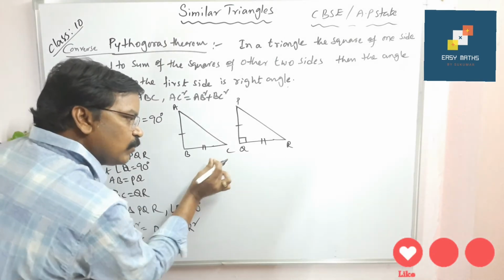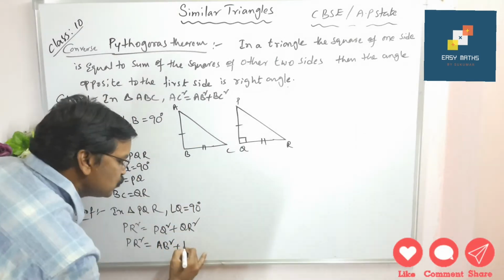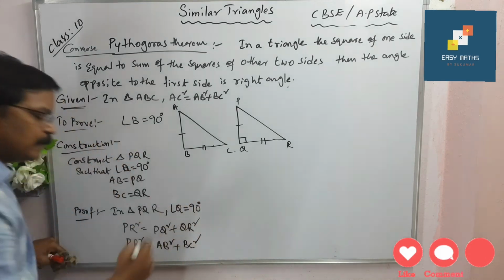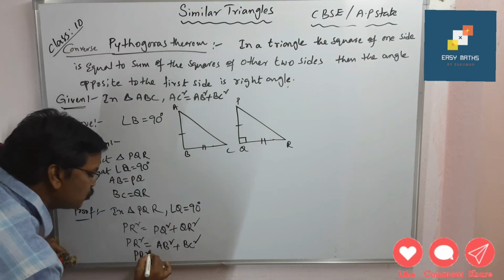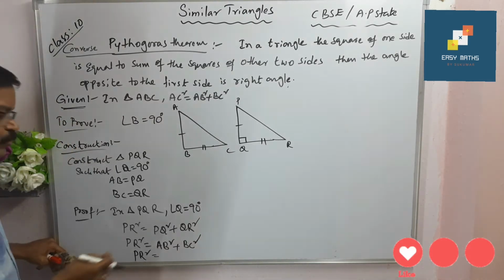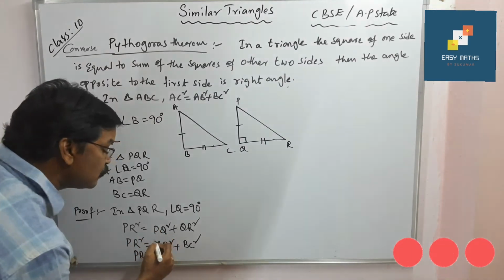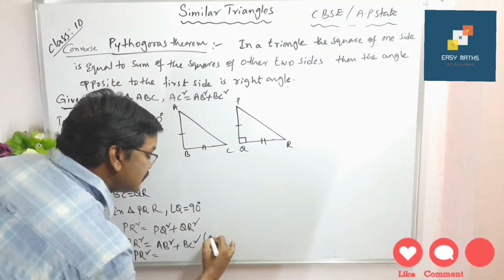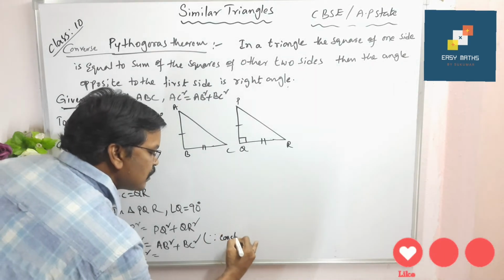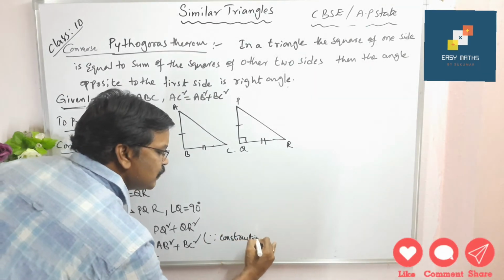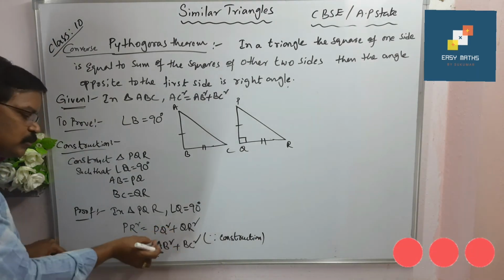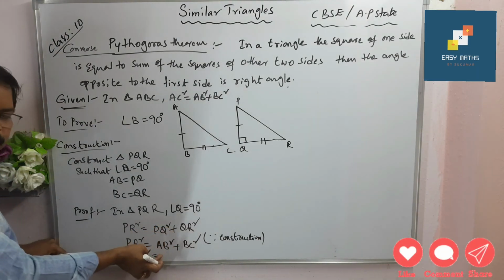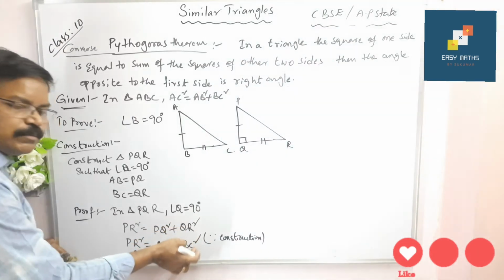Instead of QR, what do you write? BC. So this is BC square. See my dear students, why have I used AB for PQ? Since by construction PQ and AB are equal, QR and BC are equal. So instead of PQ square, I have taken AB square, and QR square means BC square.